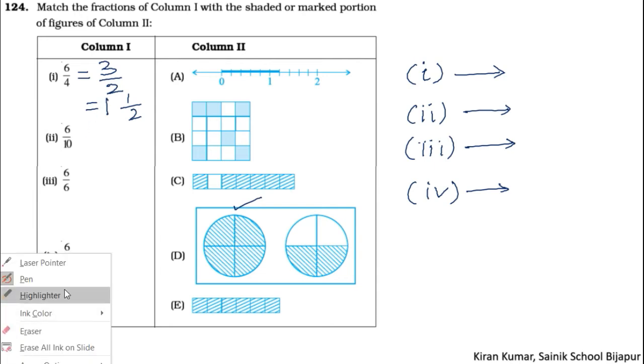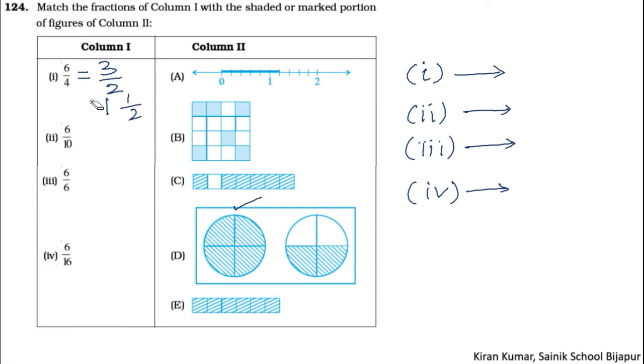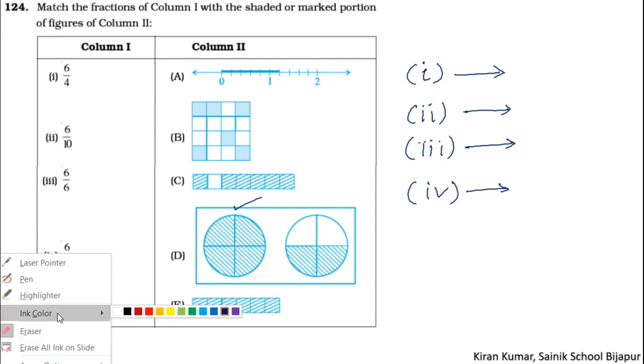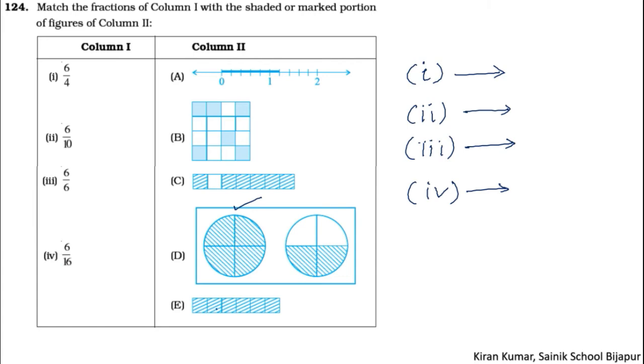If you want to write this particular 6 by 4 as a mixed fraction, we will be getting 1 2 by 4, which is 1 complete and 2 parts out of 4 parts. So for the first one, option D is the right answer.